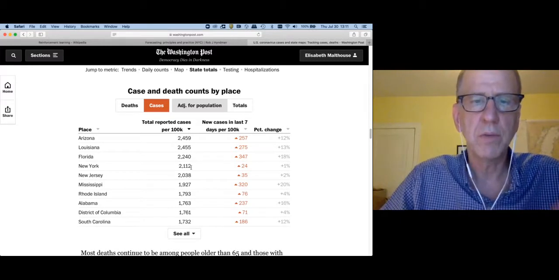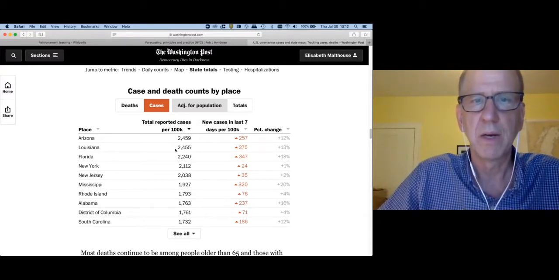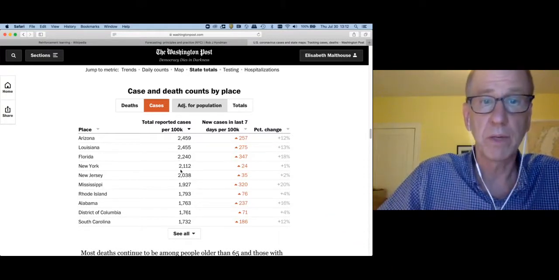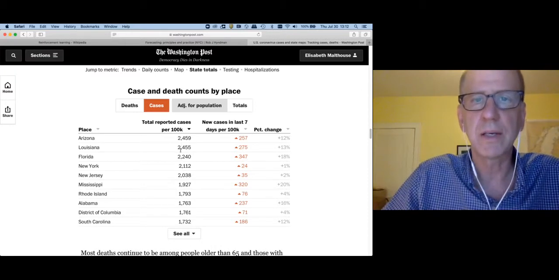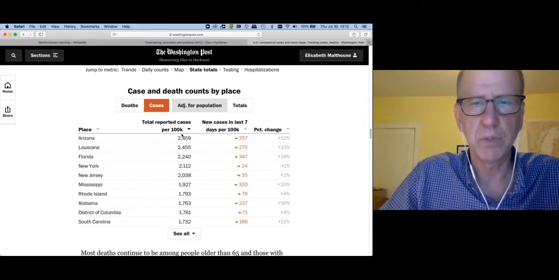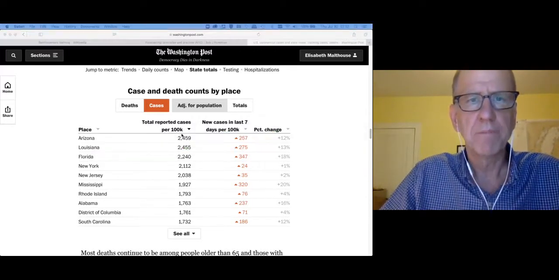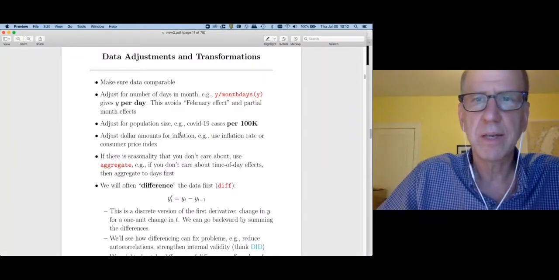It would look like New York has way more cases than, say, Arizona, just because there's more people living there. And by dividing by the population size, or in this case by population size times 100,000, you get more comparable numbers. All right. So that's another way that we would transform the data prior to any analysis.